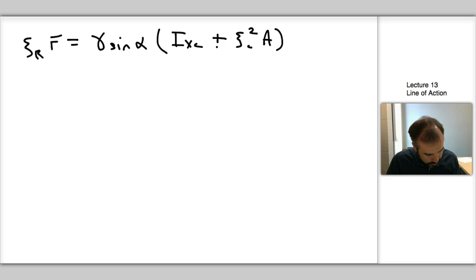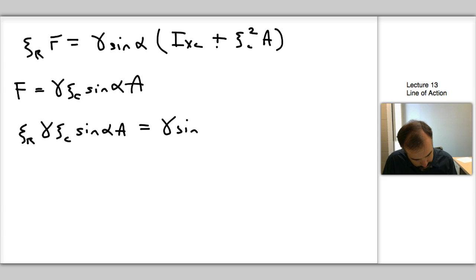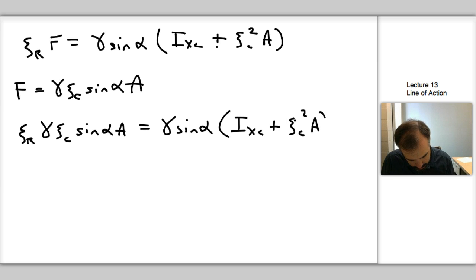We know again that F is equal to gamma psi c sine alpha A from our previous lecture. So we can plug that into our equation. We get psi r times gamma psi c sine alpha A is equal to gamma sine alpha times Ixc plus psi c squared times area.